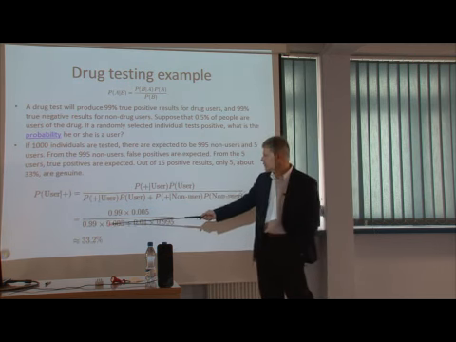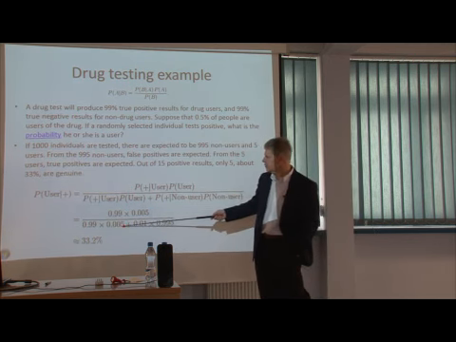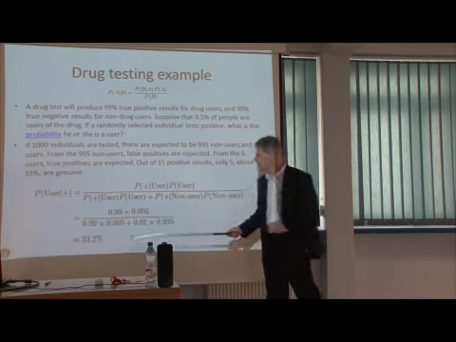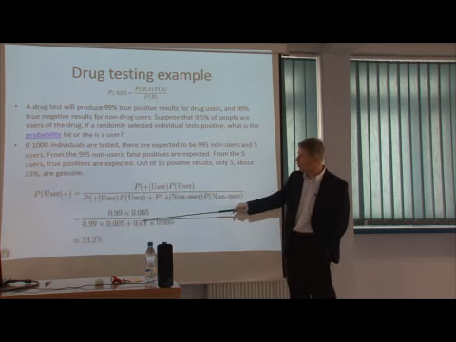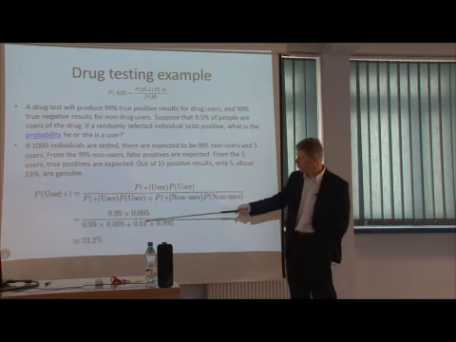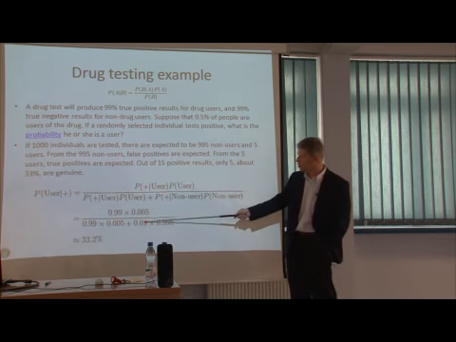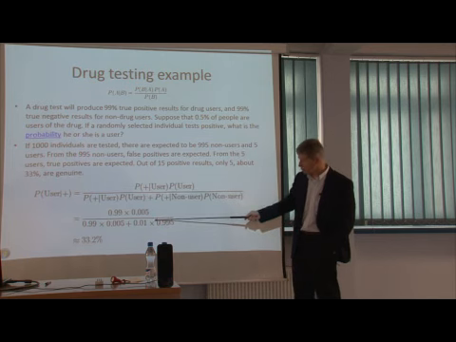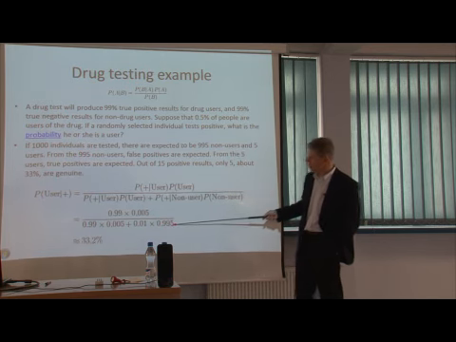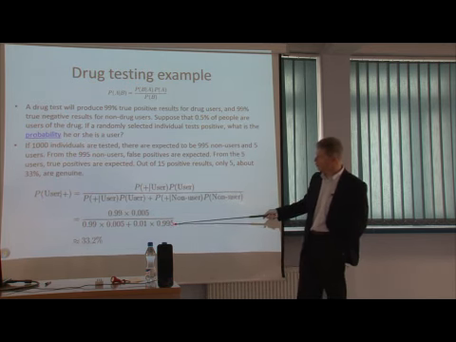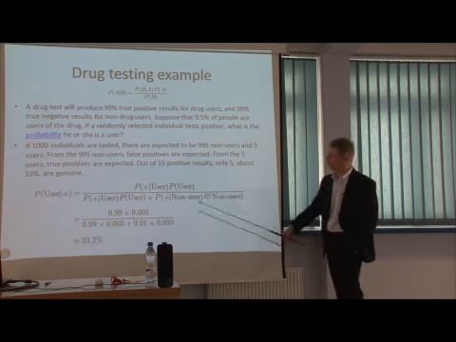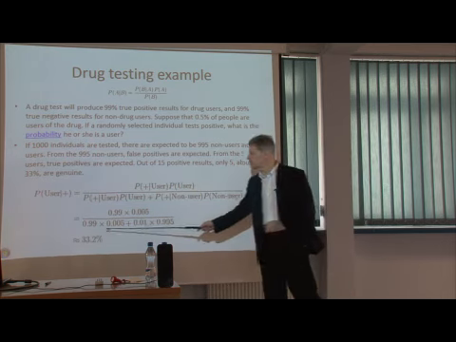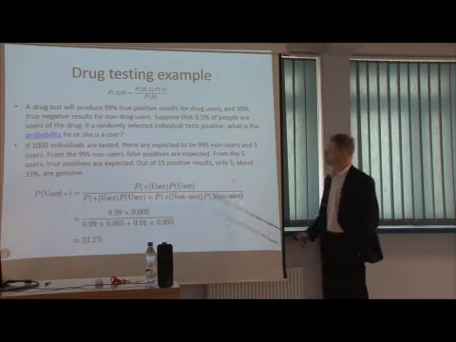We have this 0.05 times 99, and here we have the probability of non-user being tested positively, which is 1%, times the probability of a random person being a non-user, which is almost 100%, but not quite. So dividing these two, we get about 33%.